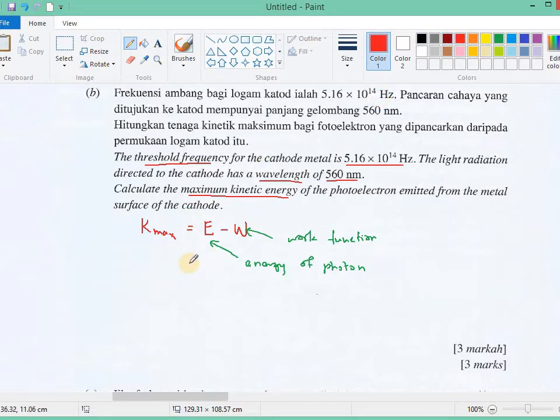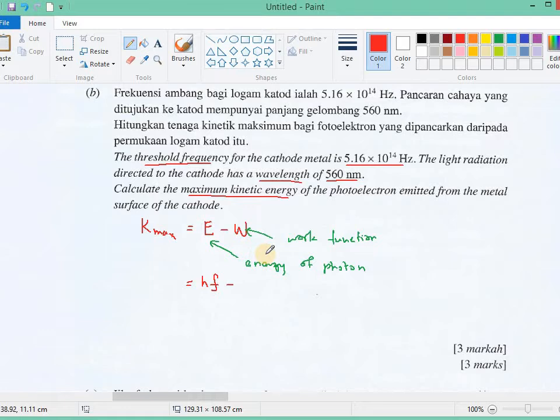So the maximum kinetic energy equals, we want to calculate the energy of the photon. The energy of the photon is equal to Planck constant times the frequency of the photon. But this question doesn't give us the frequency, it gives us the wavelength. So we can calculate the frequency from the wavelength and the speed of light.